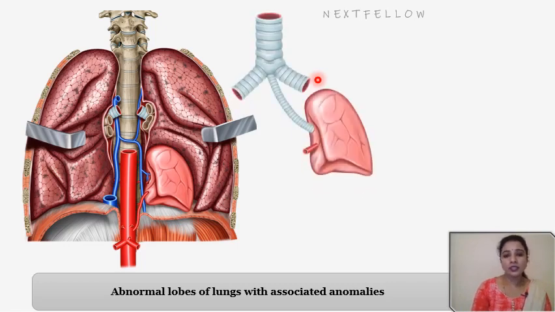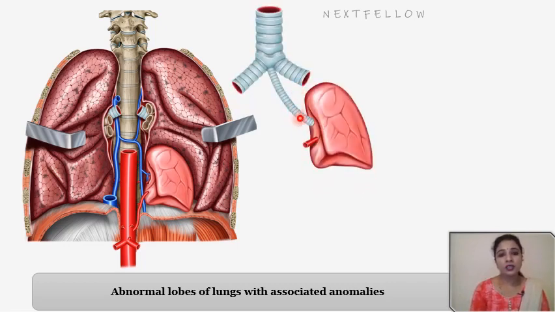Here is the next image showing an abnormal principal bronchus opening directly into the trachea. So it is an extralobar sequestered lobe supplied by an accessory bronchus.